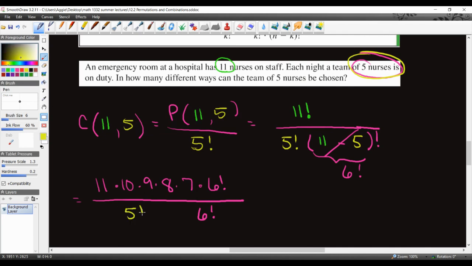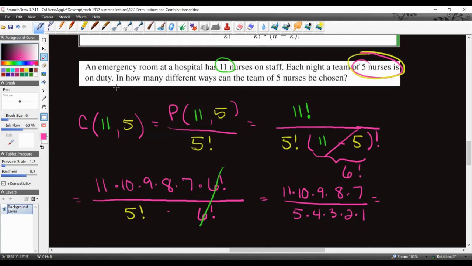I'll deal with the 5 factorial in a bit. So for sure, I can get rid of this part right here, which leaves me with 11 times 10 times 9 times 8 times 7 all over 5 factorial, which is 5 times 4 times 3 times 2 times 1. And then we just work this out.